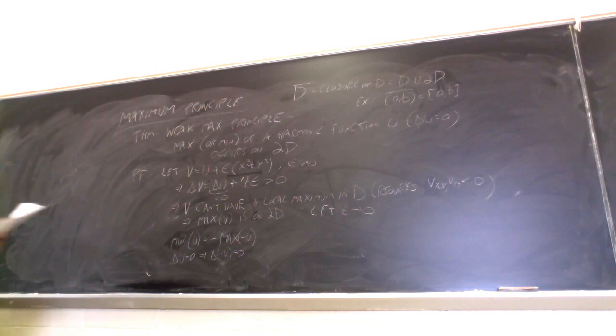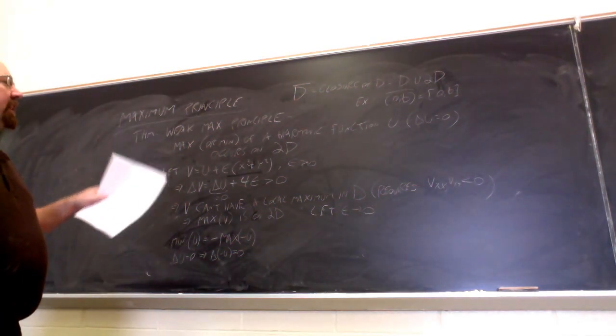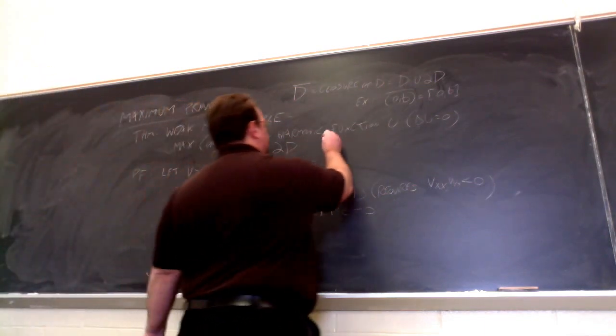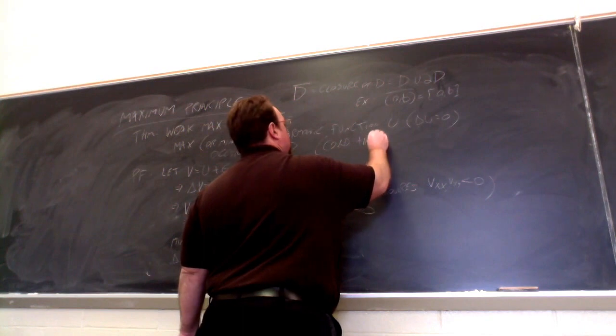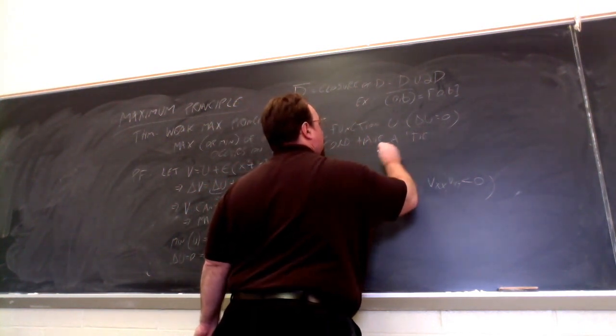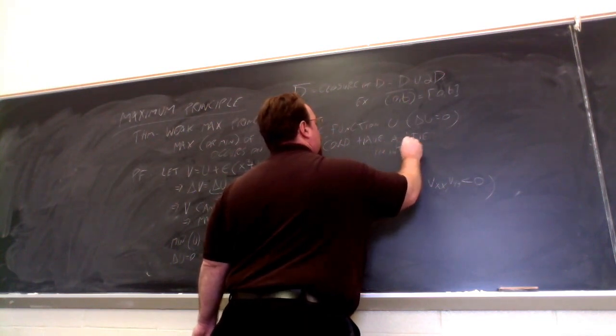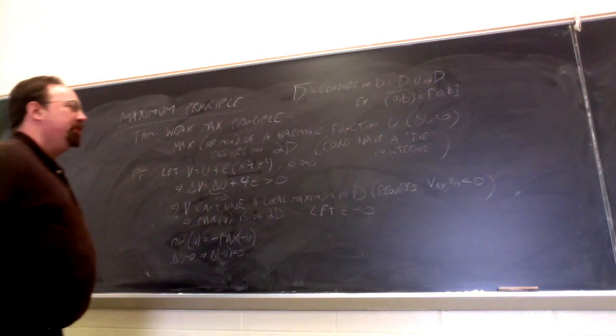One thing to keep in mind though is this says the maximum and minimum must occur on the boundary. However, based on this, you could have a tie in the interior. This result does not explicitly rule that out.